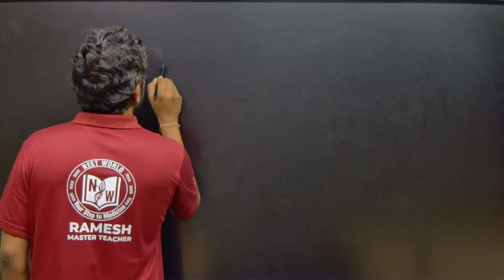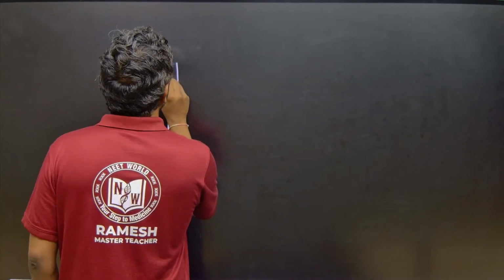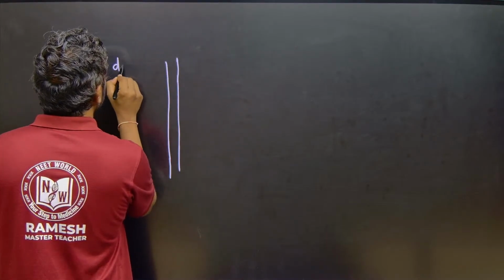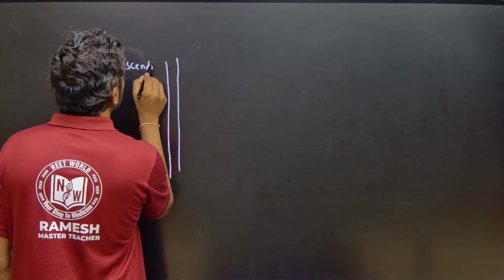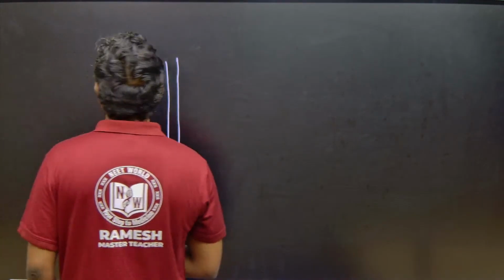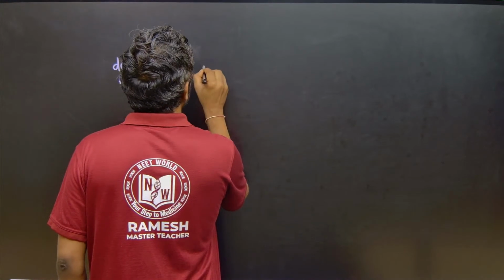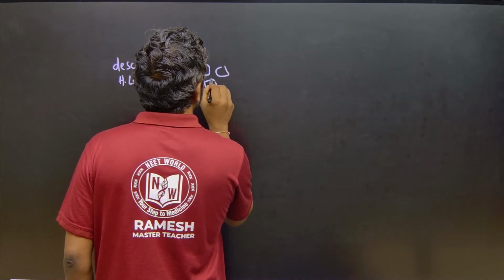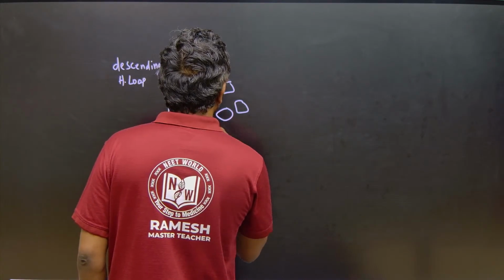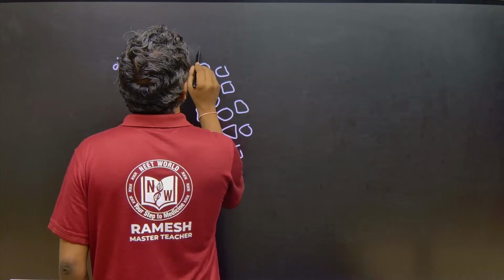Okay. First, the descending Henle limb. This is the descending Henle limb, and this is the medullary interstitial place.